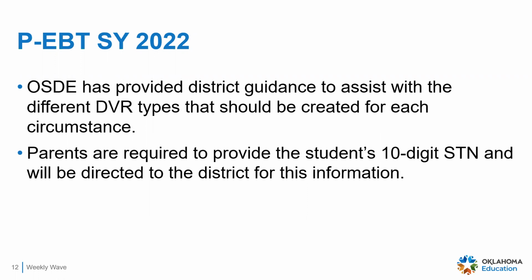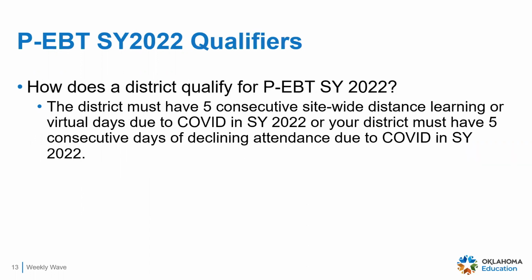I don't know if you're getting questions from your parents about students' STNs, but they'll be required to provide that, and they'll have to come to you for that information. To qualify, the district must have 5 consecutive site-wide distant learning or virtual days due to COVID in 2022, or your district must have 5 consecutive declining attendance days due to COVID in 2022.